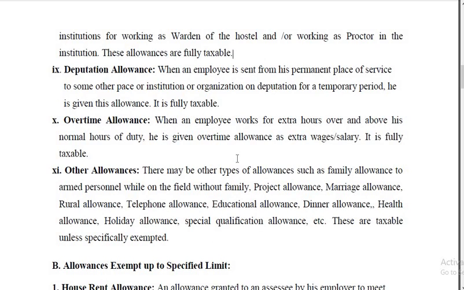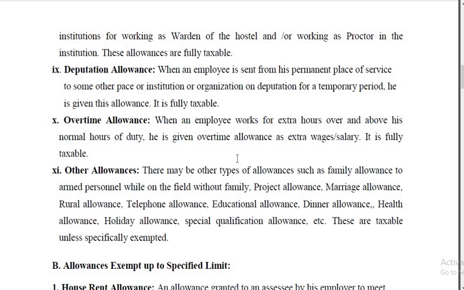Deputation allowance. When an employee is sent from his permanent place of service to some other place, institution or organization on deputation for a temporary period, he is given this allowance. It is fully taxable. For example, you are working in a particular place and in a nearby branch somebody might go on leave, for example on maternity leave, maybe for 2, 3 or 4 months.